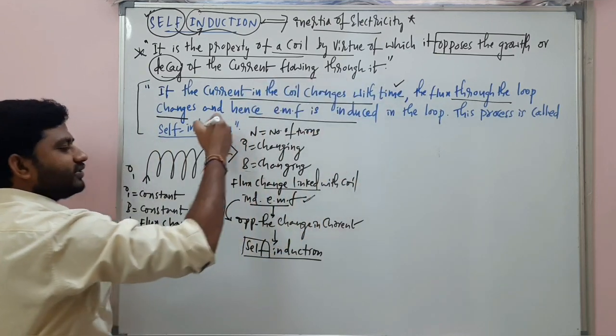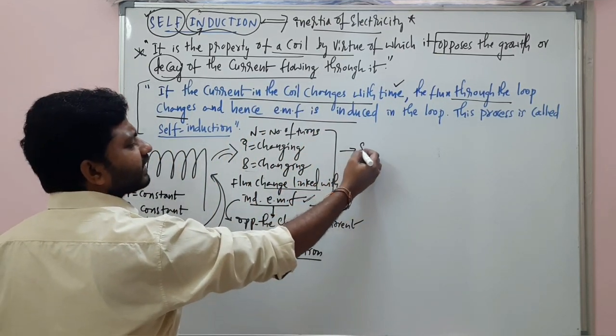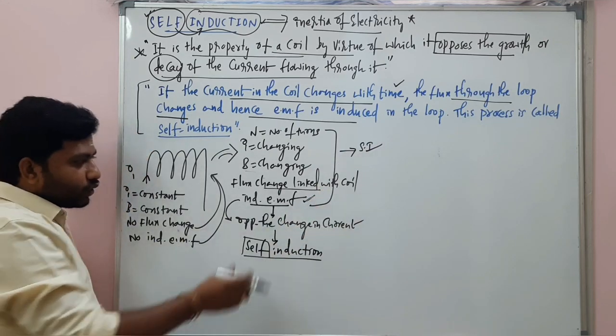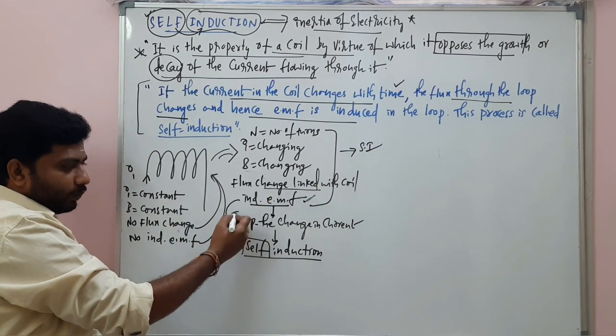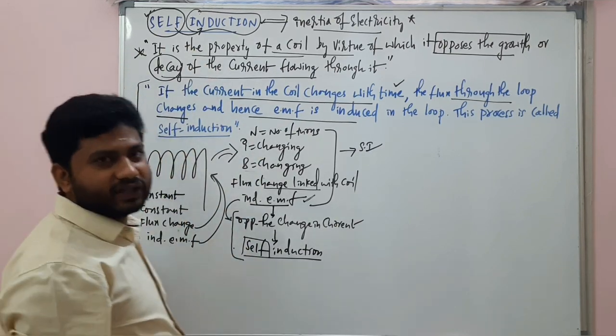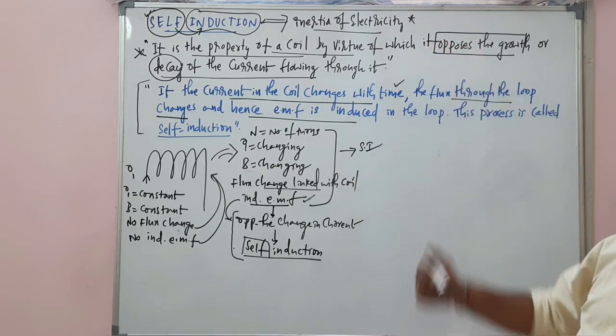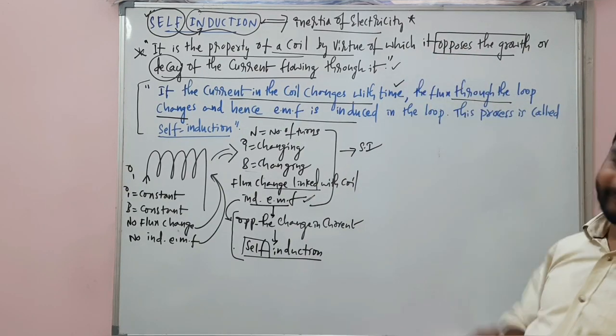This process is called self-induction. This is the additional topic I have told you, which will connect you to this first basic definition of self-induction. Let's go back to the basic concept of self-induction.